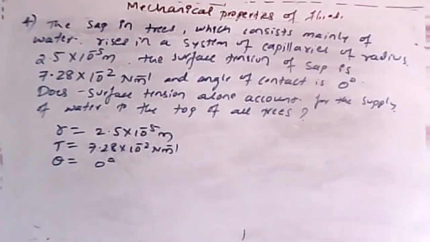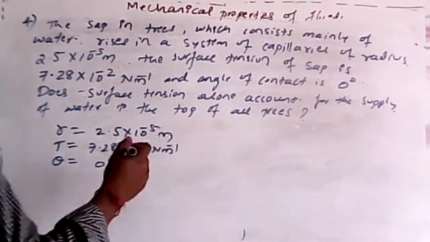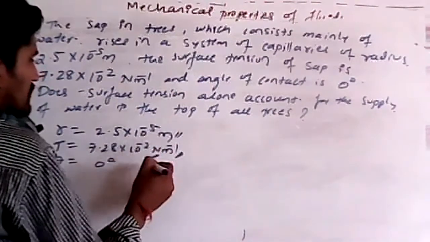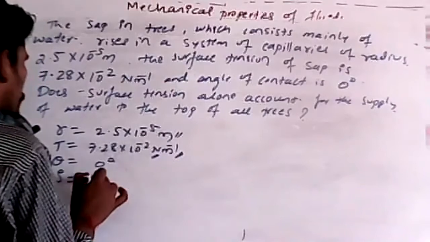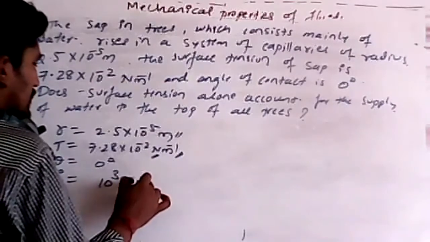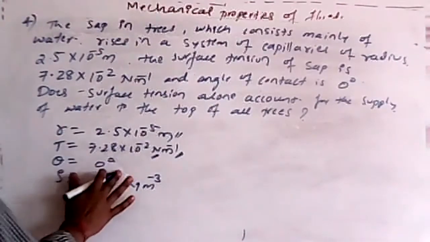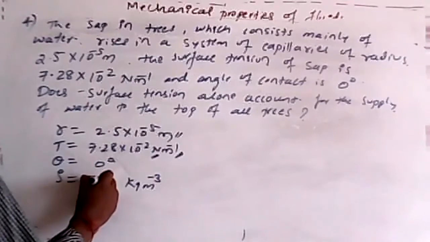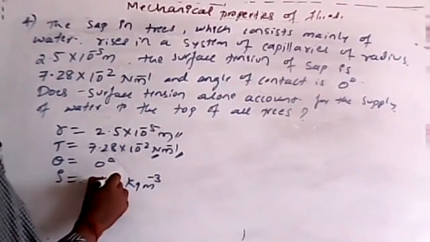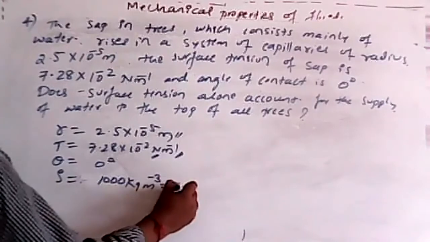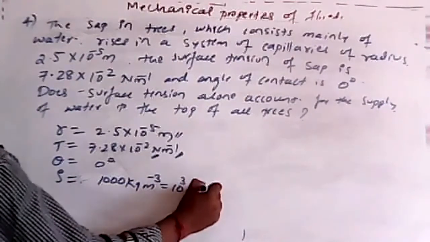So see here, R is given, T is given. Rho means what here? All are in terms of meter, Newton, SI units only, so no need to worry. Density is in kg per meter cube. You can write it as 1000, that is, 10 raised to 3 kg per meter cube.